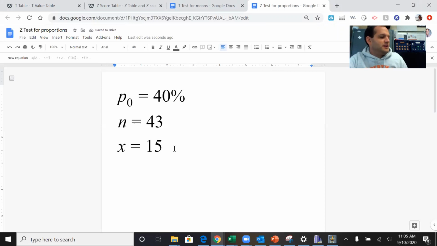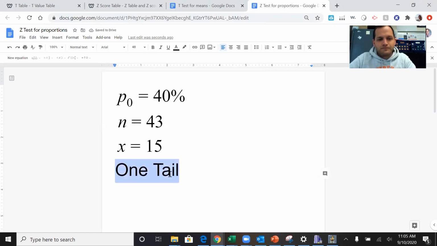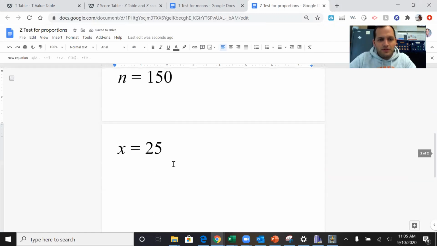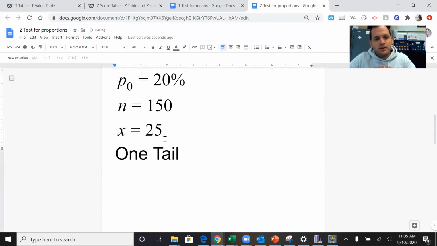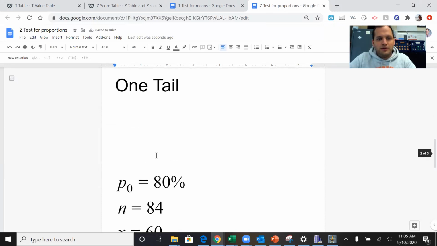If we're saying 15 and 43, 15 divided by 43 is 0.34. So let's say this is a one tail test. Next problem, we'll also say this one's a one tail test. Last one we'll do as a two tail test.